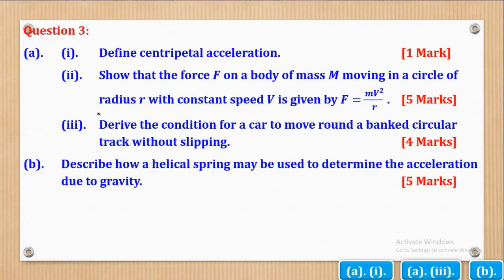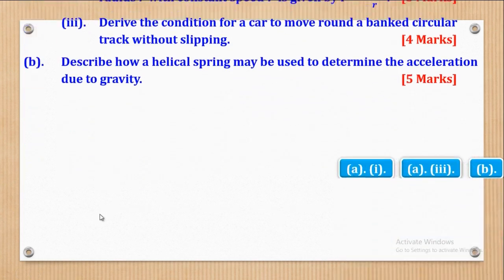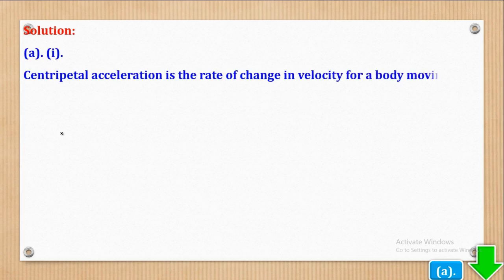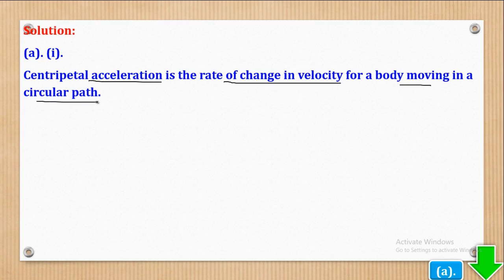So that was question 2. Now we shall go to question 3. Question 3, A Roman 1 says, define centripetal acceleration. So here comes that centripetal acceleration is the rate of change in velocity for a body moving in a circular path.